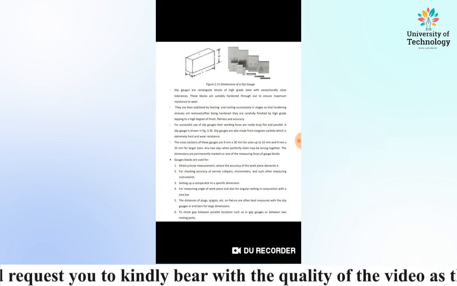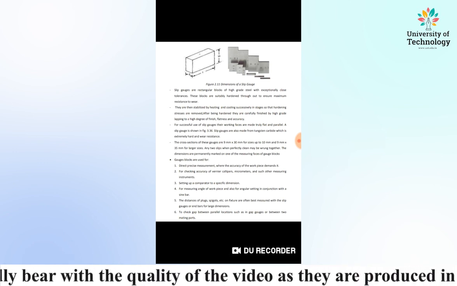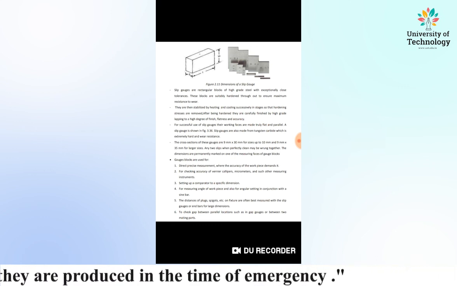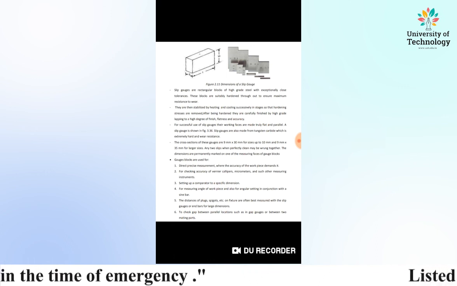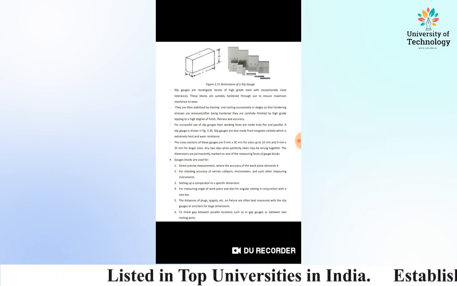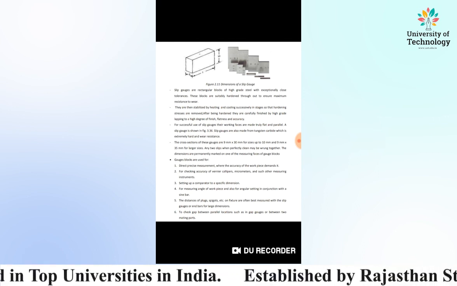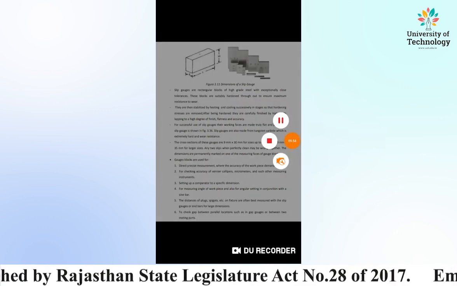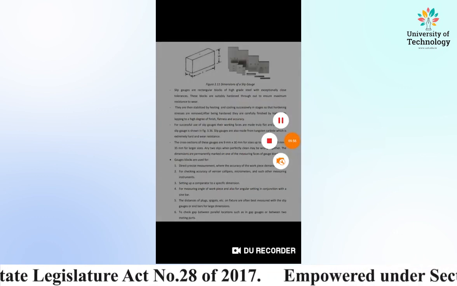And these are also used for measuring the taper angle, in which we place the taper rod horizontally by the measuring instrument and then measure the taper angle. Thank you.